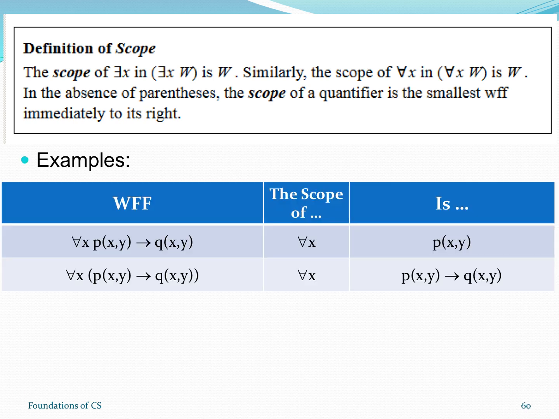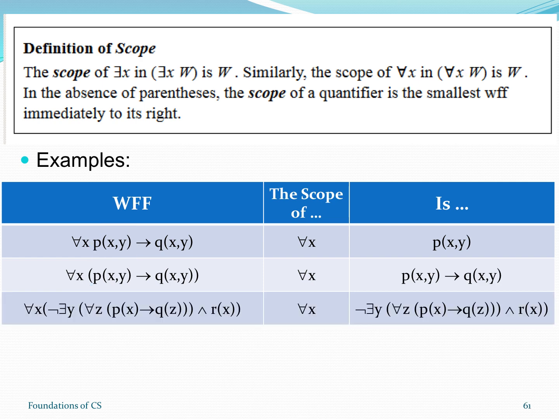Just like if I asked you how to parenthesize this, you'd have to say, well, since there are no parentheses written here, I have to take this for all x with the wff that's closest to it. So therefore, the scope of the for all x is just that part. Whereas if I parenthesize the whole thing, then whenever you see an x in here, that quantifier is going over the whole thing.